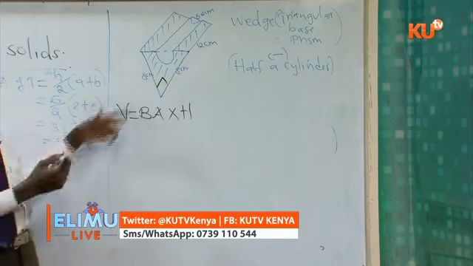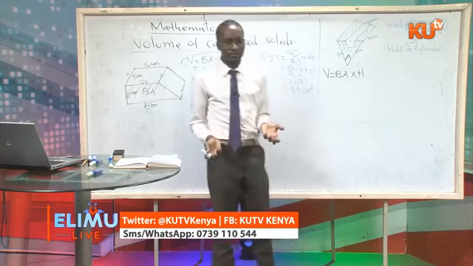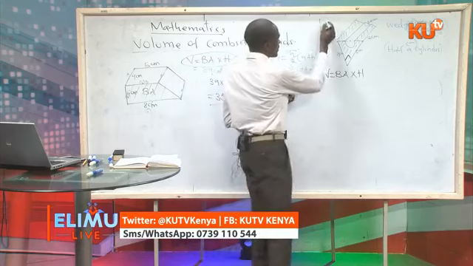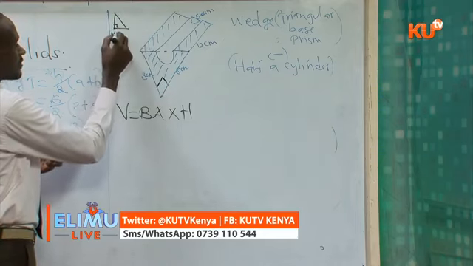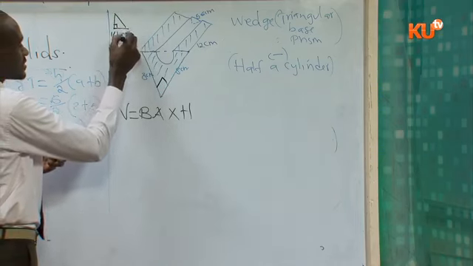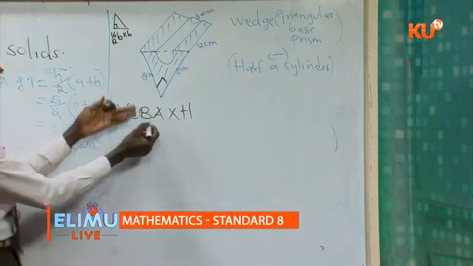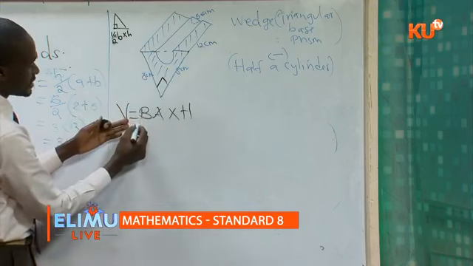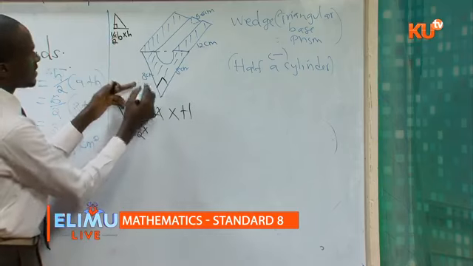Then you ask yourself, this base area is which shape? It is a triangle. So, how do I get the area of a triangle? Area of a triangle is half base times height. Now, base area is a half times base.